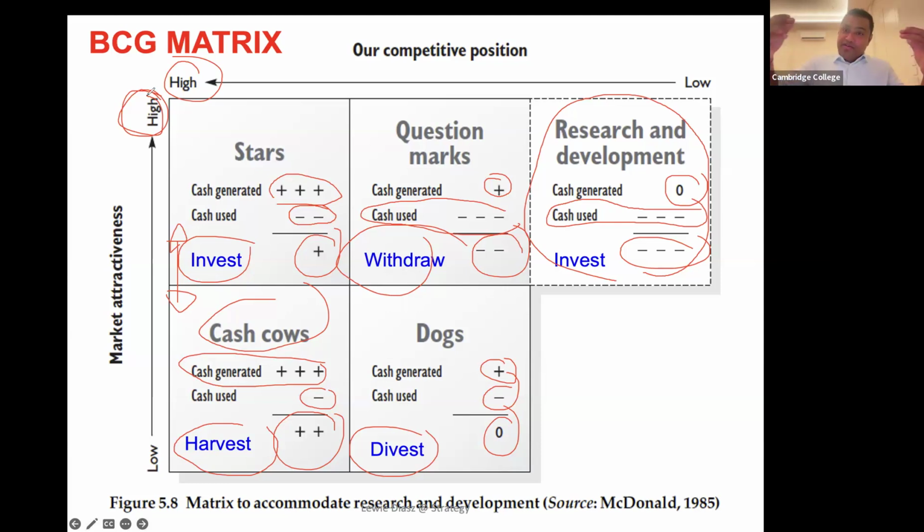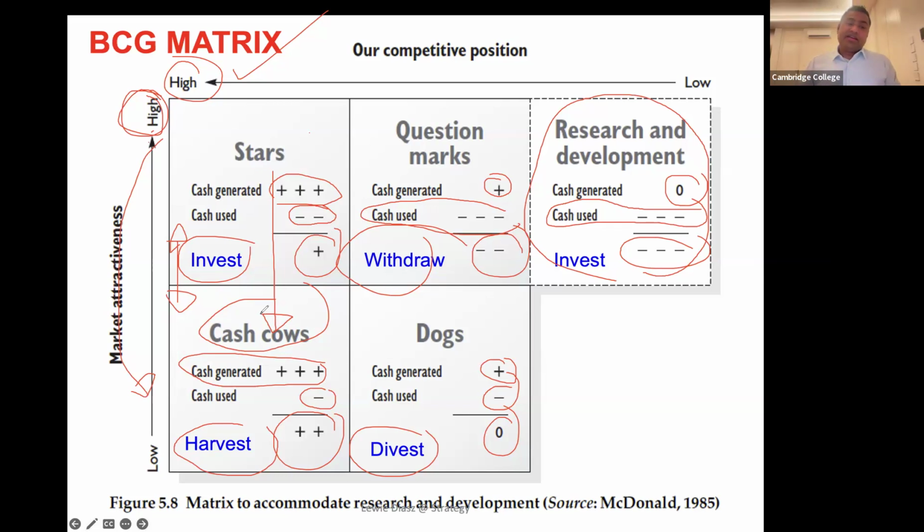So if you grow every year, at some point, it needs to start saturating. So at some point, every brand will saturate and decline and move from here to here. But your market share will still remain high. So brands that are here will eventually move down here. Be very profitable, but low market growth. So you have to harvest them.